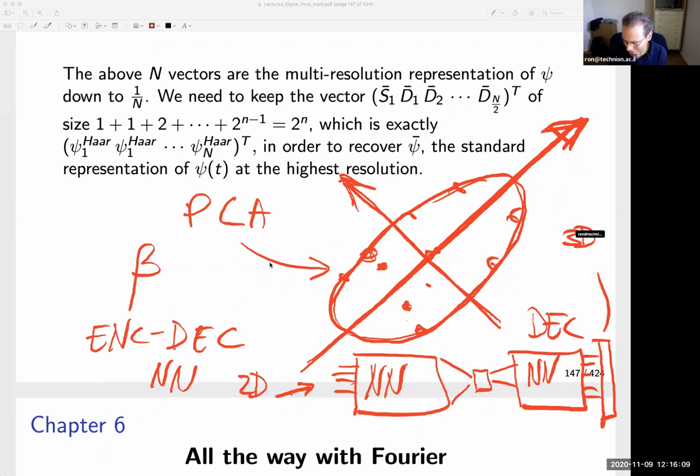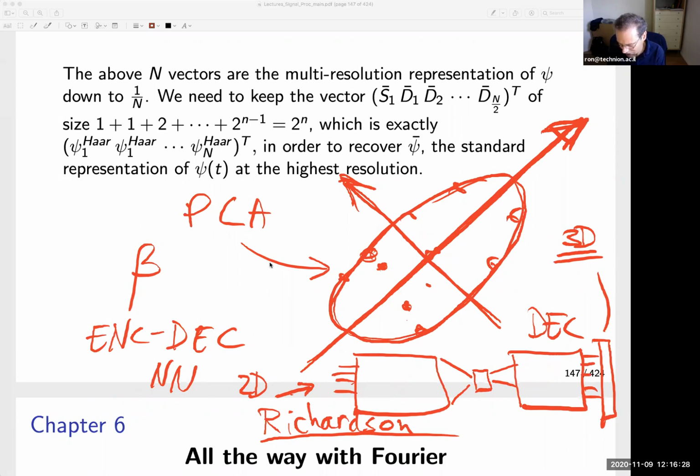I don't know if I've shown you that example, but if not, you are welcome to look at papers by Elad Richardson that does something like that. So you can do magic with this kind of structure, but for the time being, let's keep things very, very simple. We don't have these neural networks. We have here a beta function, and we project and we reconstruct, okay?